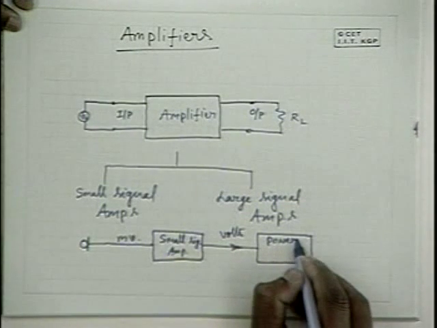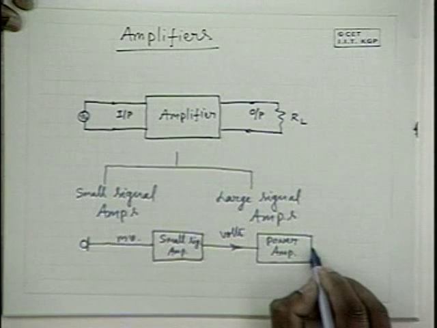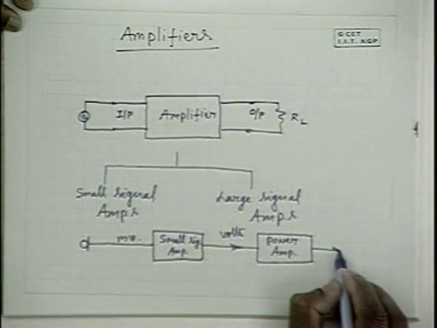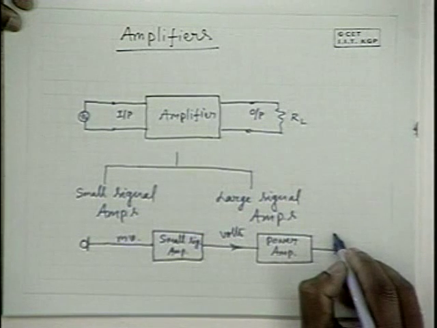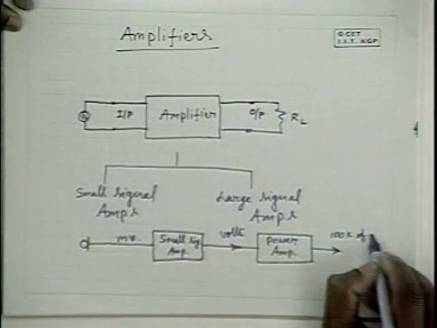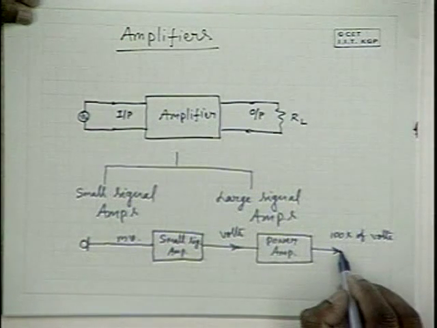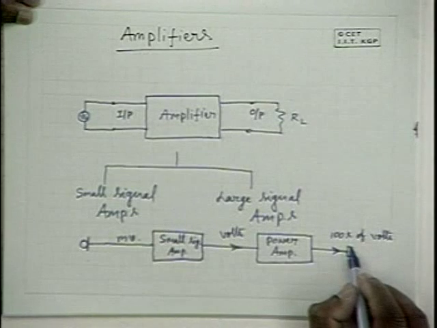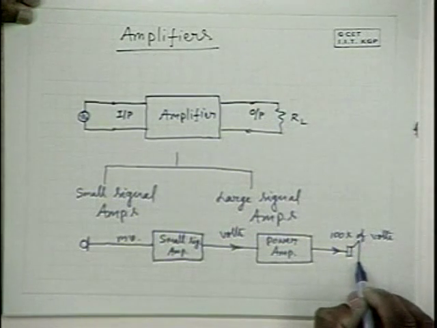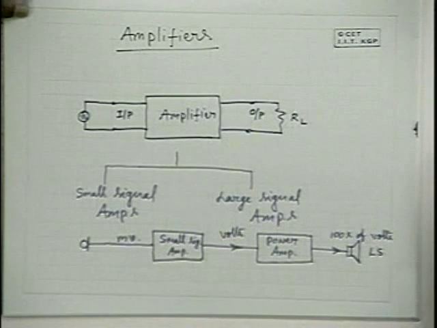Further, we pass the signal through power amplifiers or large signal amplifiers. Then the output is further large, it may be hundreds of volts, and this can be used to drive several loudspeakers connected to the amplifiers.